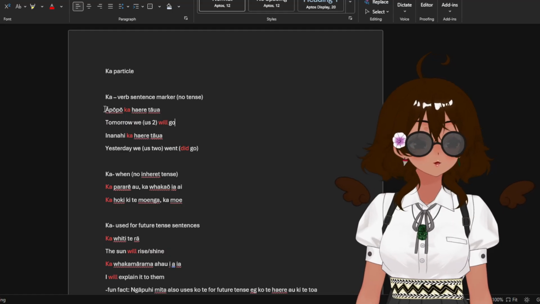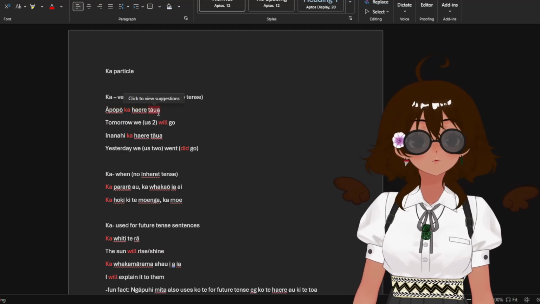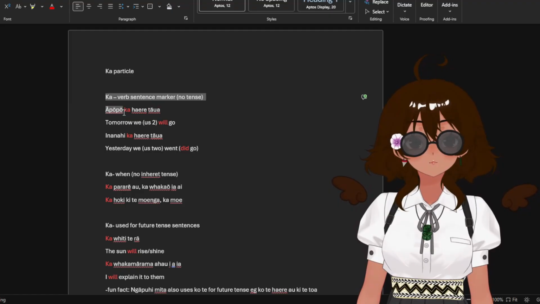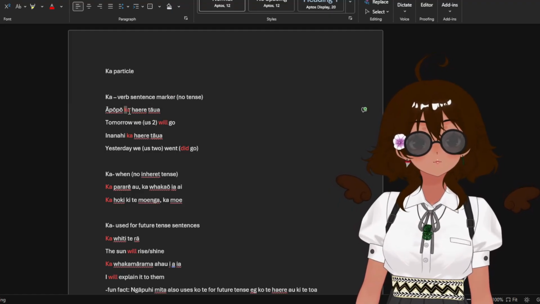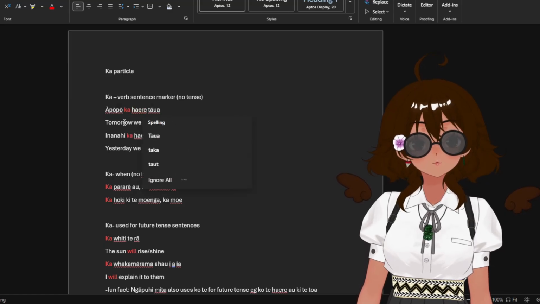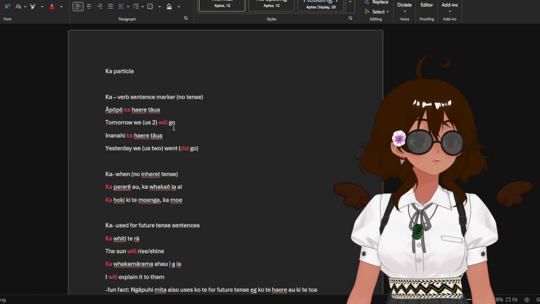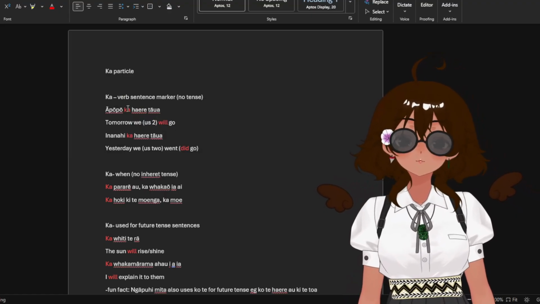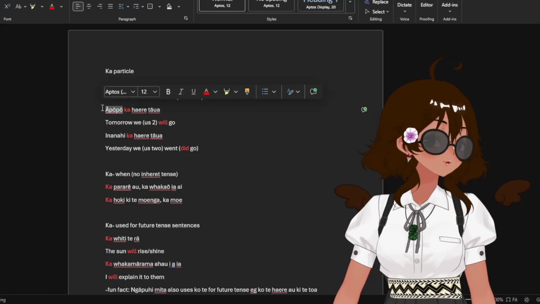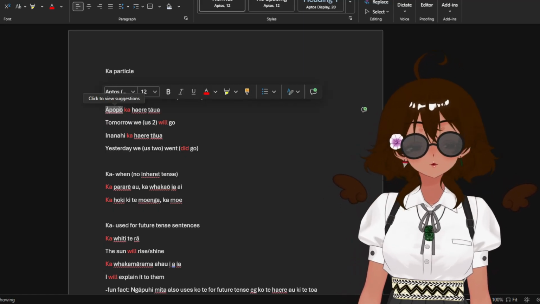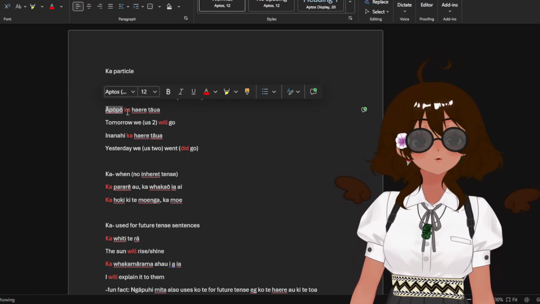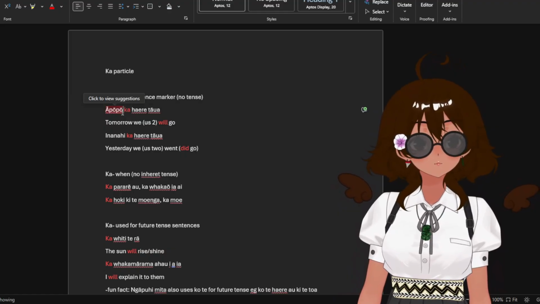This being a very big and primary example here. So we say, Apopo ka haere taua. Tomorrow, apopo. Ka, marking that it's a verb sentence. Haere taua. Us two will go. Now, of course, if it was just ka haere taua, that can mean we will go.